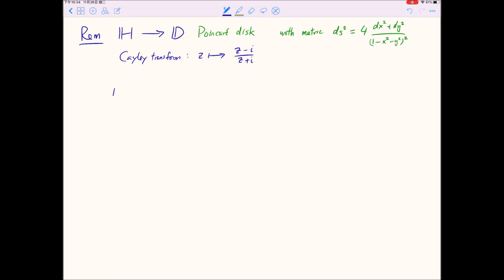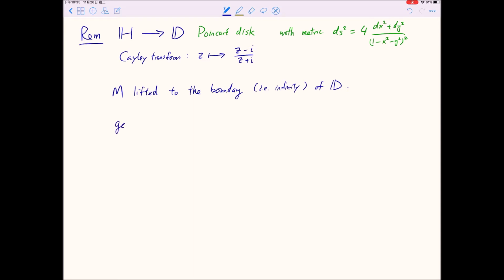And also then the marked points in both cases will be lifted to the boundary, in other words, the infinity of the disk.